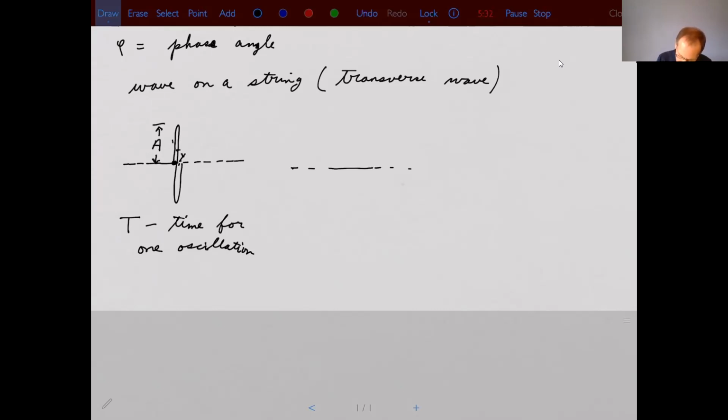Let's say this is my equilibrium position and the wave looks like this if we freeze it for an instant. I pick some point along the x direction, right here, in red. And I go down the wave and find another piece of the string that's undergoing the same motion. It's the same distance from the equilibrium position and it's moving in the same direction. That would be right here.